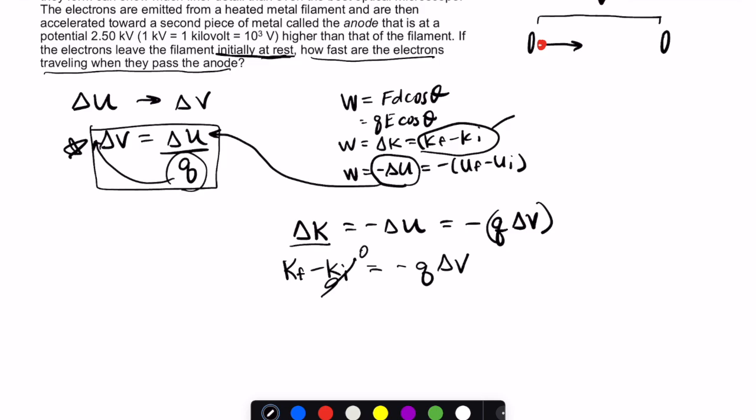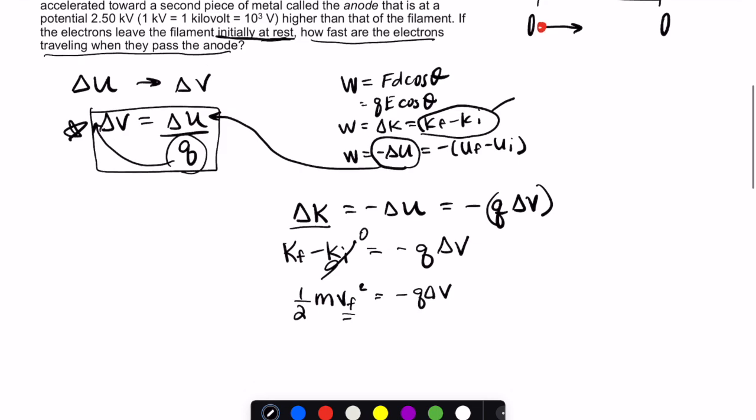So finally, I can write down what KF is. I can write down all of my values. Maybe let's wait to write the values until we express VF, which is what we're looking for, how fast the electrons are traveling.